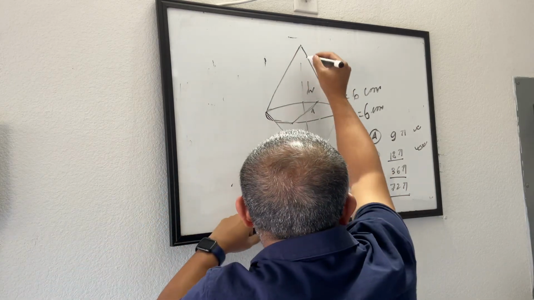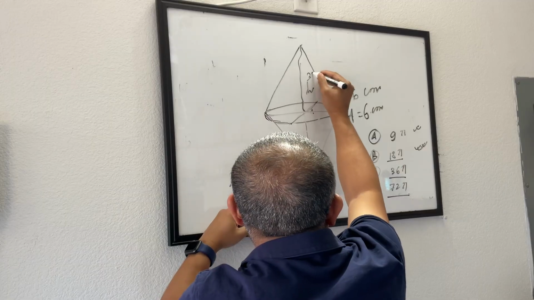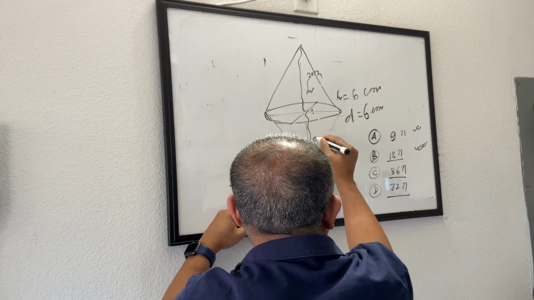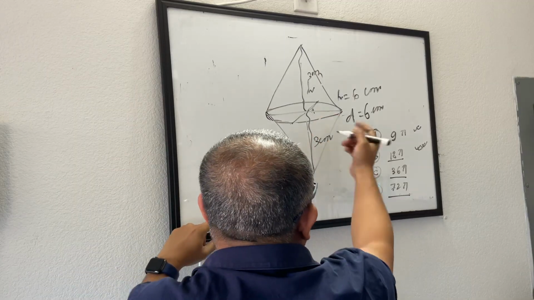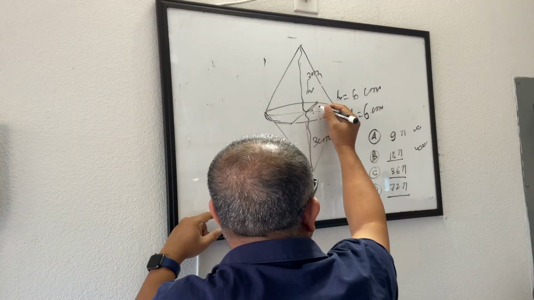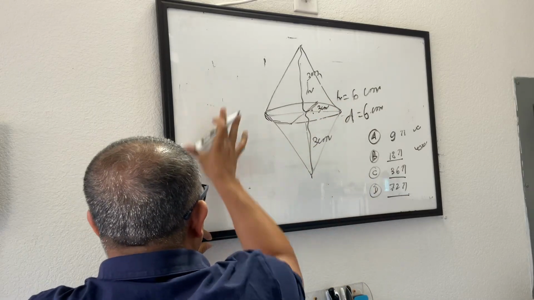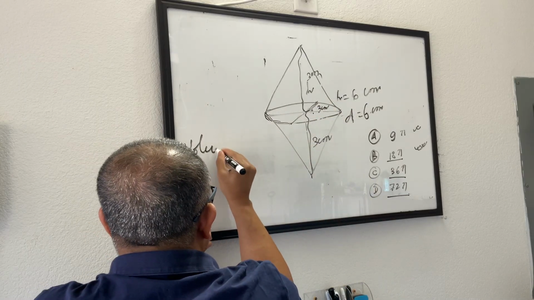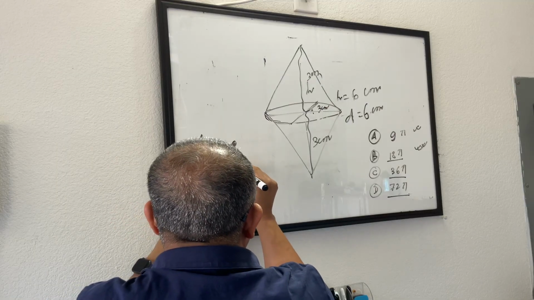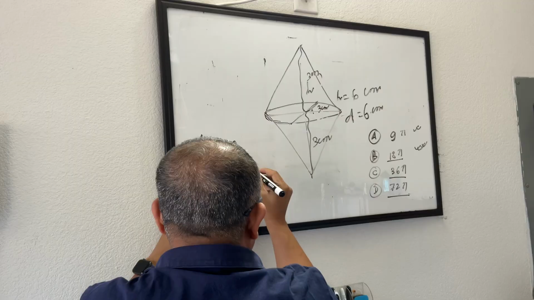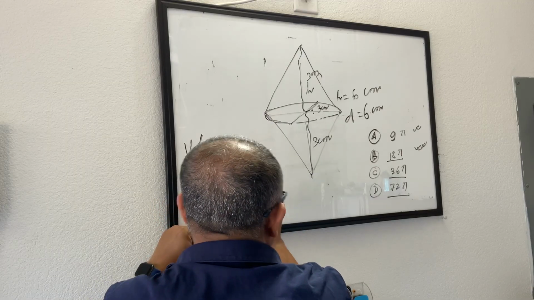These are identical, so the first cone's height is 3 centimeters, and the second is also 3 centimeters. The diameter is given as 6 centimeters, so the radius will be half of 6, that is 3 centimeters. Now, if you all remember, the volume of a cone is the volume of a cylinder, pi r square h, divided by 3.